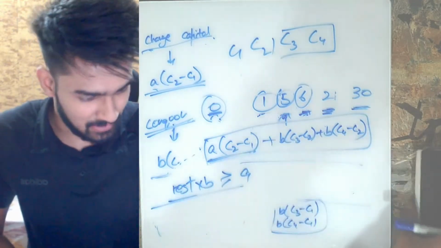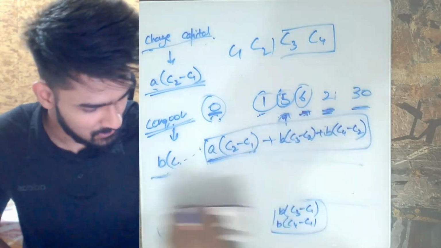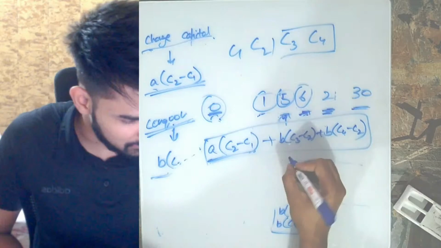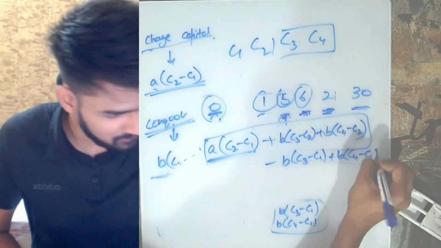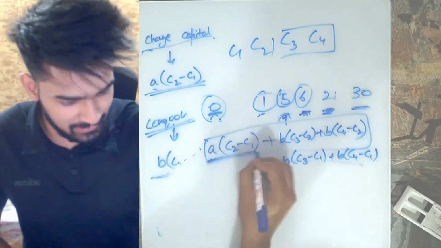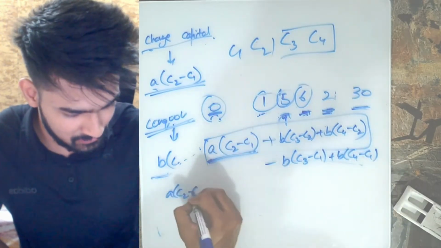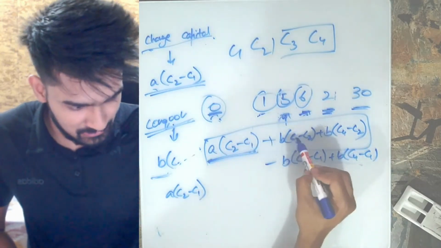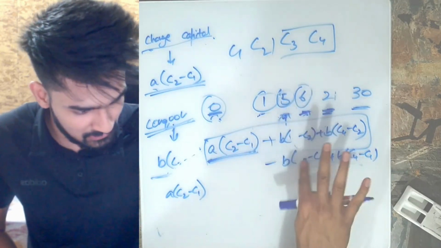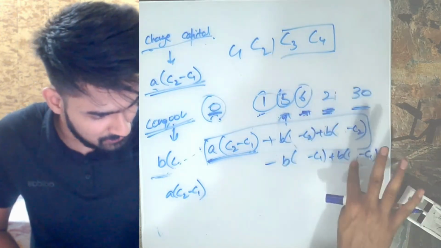I'll explain how I got this. When you try subtracting, this is to be subtracted by B times C3 minus C1 plus B times C4 minus C1. So this A times C2 minus C1 remains intact. This C3 will be removed, this C3 will be removed, this C4 will be removed, this C4 will be removed.